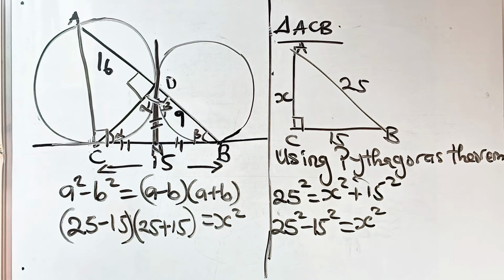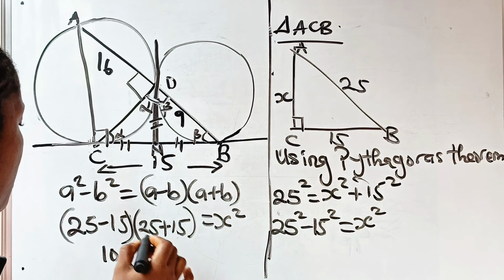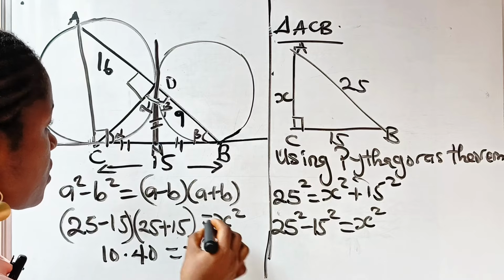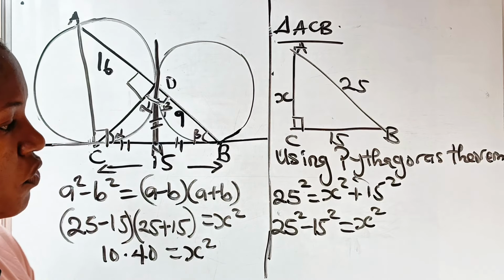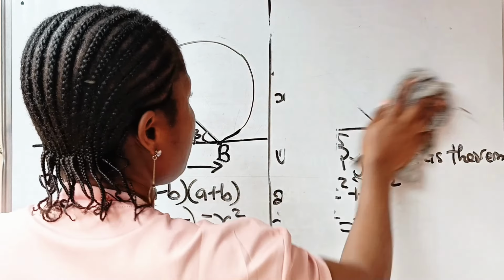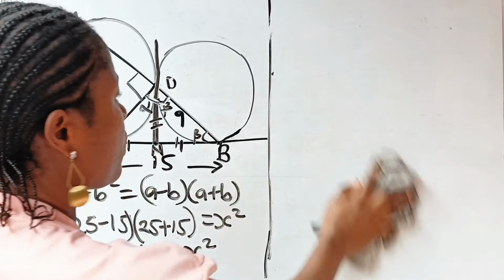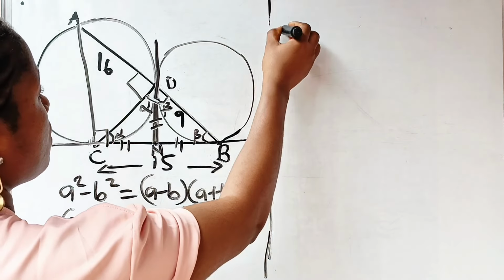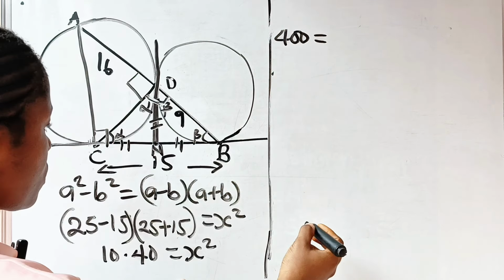So 25 minus 15 is 10. 25 plus 15 is 40. 10 times 40 is 400, is equal to X squared.